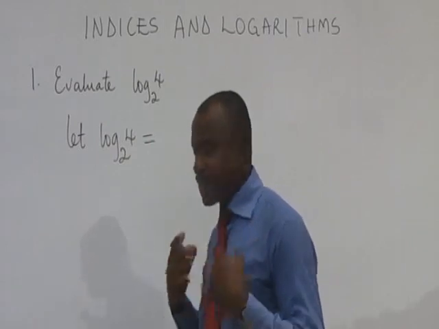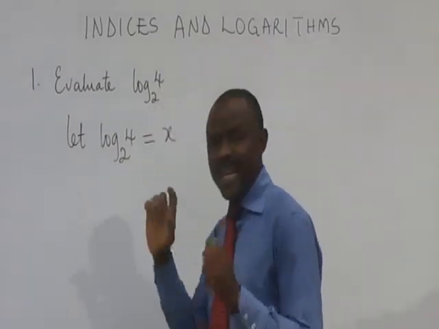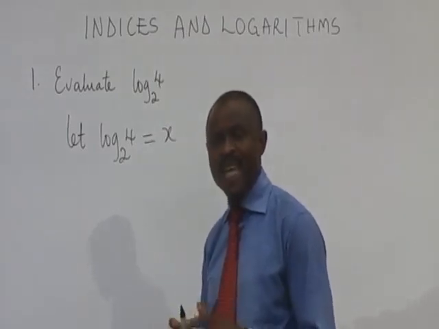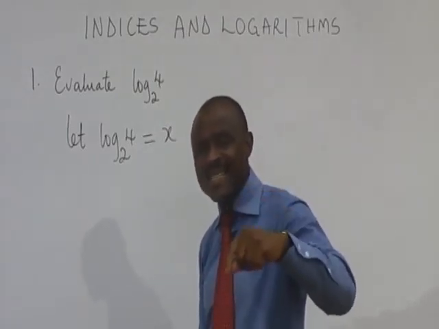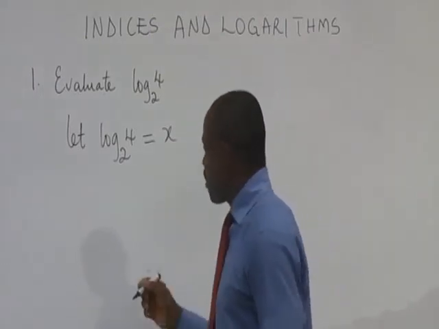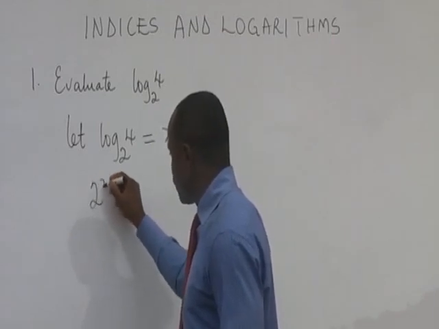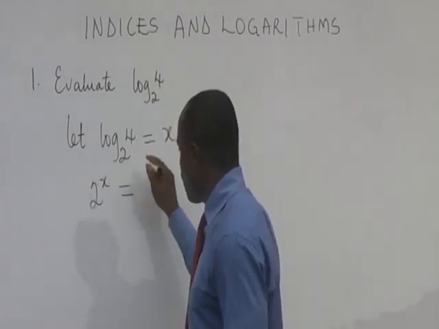I'm in love with x, so let it be x. Transform this logarithm into its indices equivalent. By doing so, you are going to discover that 2 exponent x will be equal to 4.